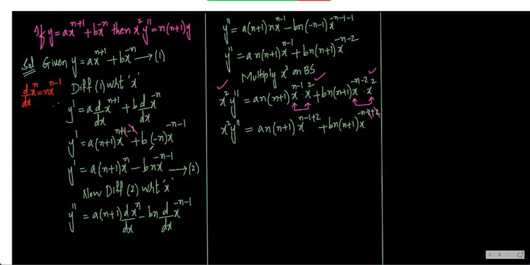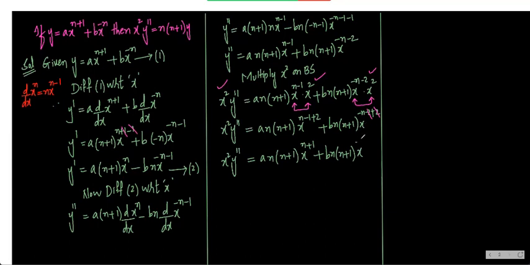So then if you continue, x square y double dash value is equal to a n into n plus 1 and x to the power of n. 2 minus 1 is 1, n plus 1 plus bn into n plus 1 and x power, what's left here, minus n.